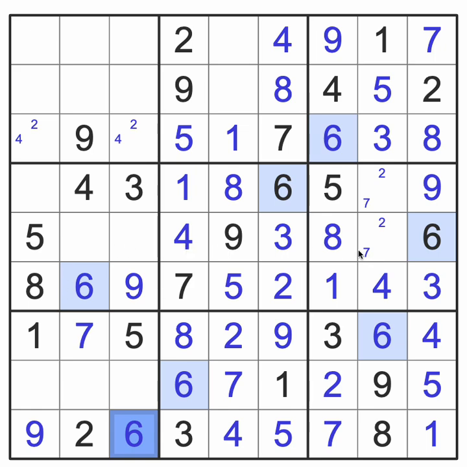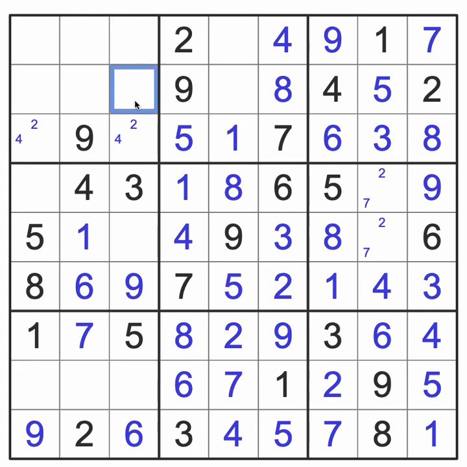1, 2, 7. Okay, so this row is missing 1 to 7. Let me put all of them here, because it's blocked by 2 and 7 here. So this is actually 1, and 1, 1 block like this. Here's another 1. Here's another 1.